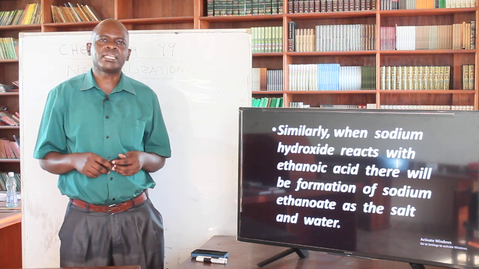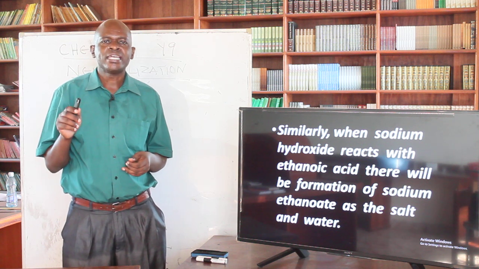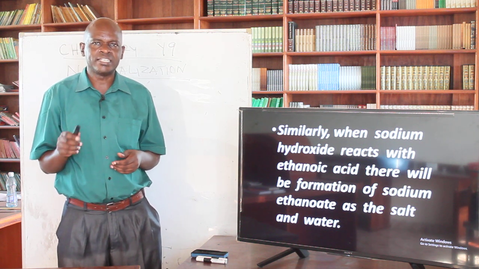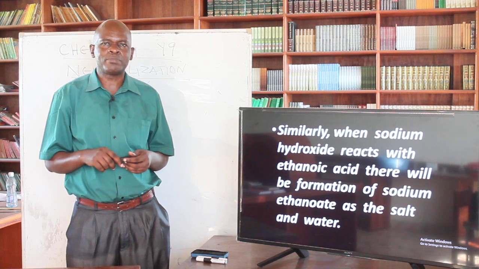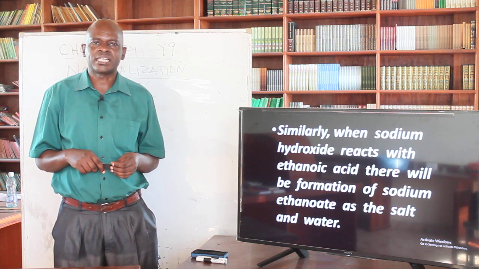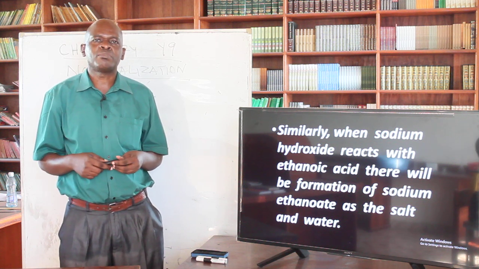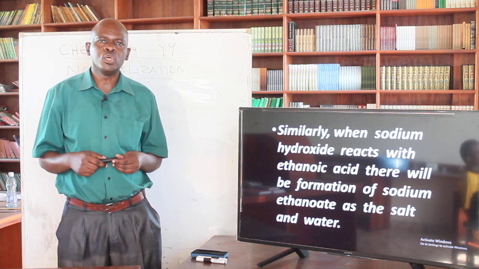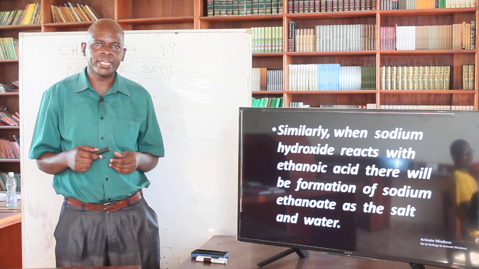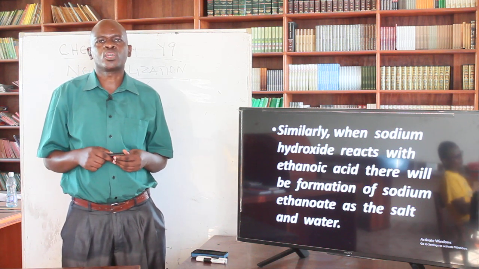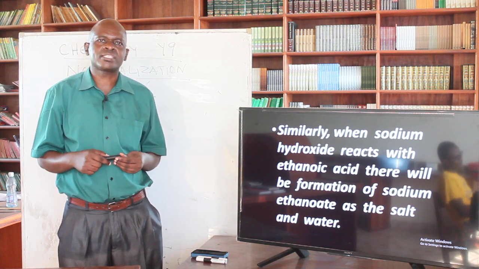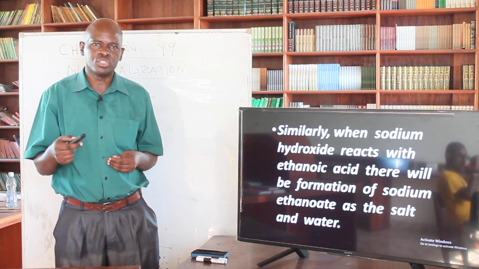And in that particular case, we were able to identify the different acids and the different bases. And one of the substances that we came up with as an acid was ethanoic acid. Why? Because it was in a position to turn the blue litmus paper to red, the same way hydrochloric acid and sulfuric acid can also do.